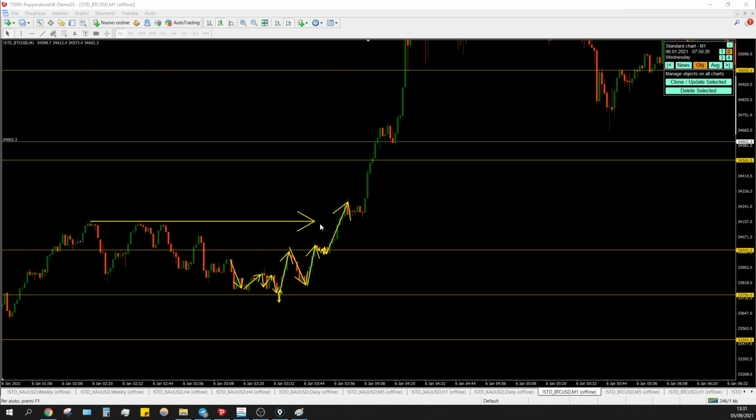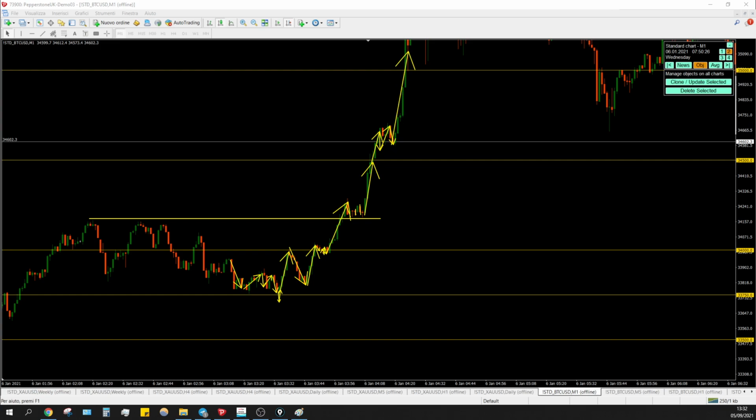Retest of those previous highs. Here, failing to break below. Continuation up. Small reaction at the key level. Not a real retest of the key level.